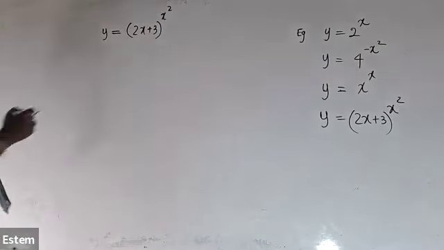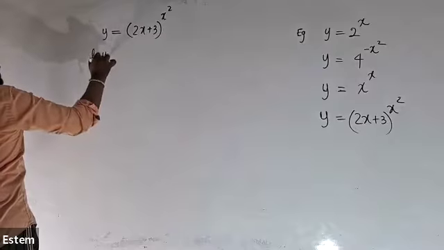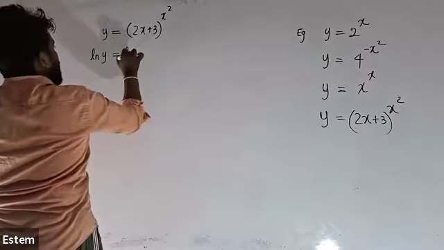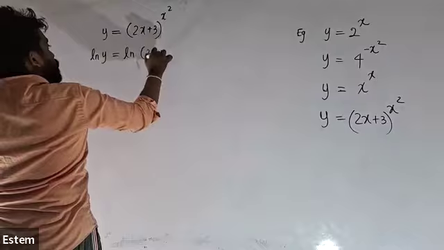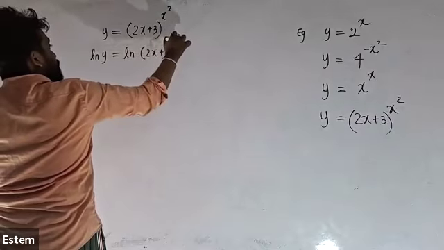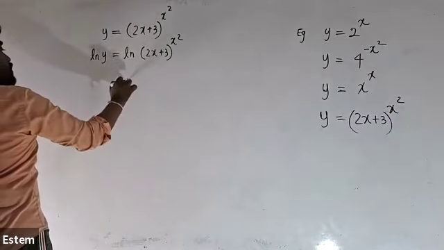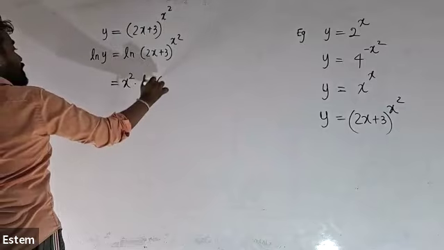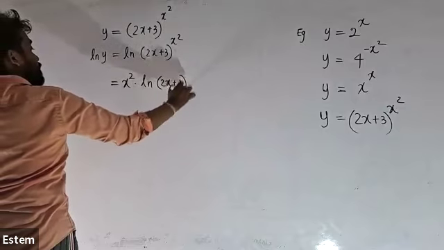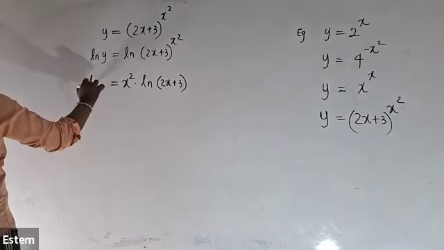Apply ln to both sides. ln y equals x squared ln of 2x plus 3, since we can get x squared in front. Now this is ln y here.